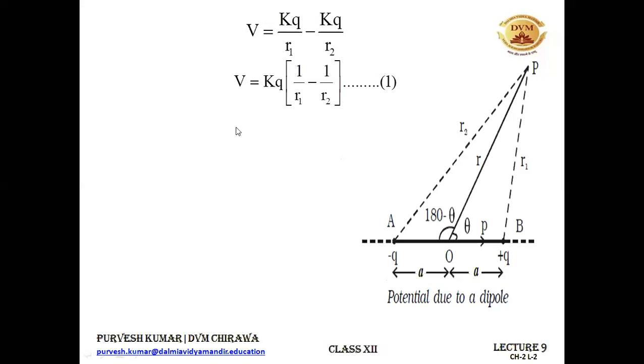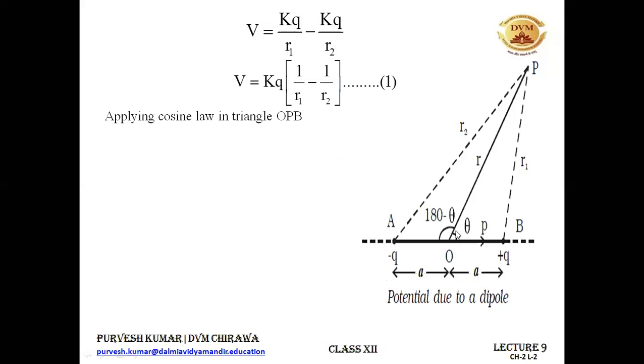For that, we need to use the cosine law in triangle OPB. Just see this triangle, triangle OPB. This is a triangle, and we know this angle theta.